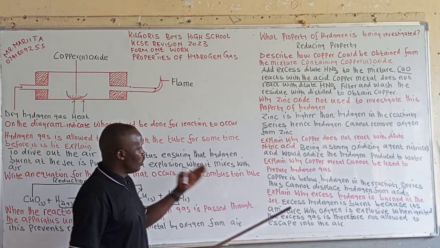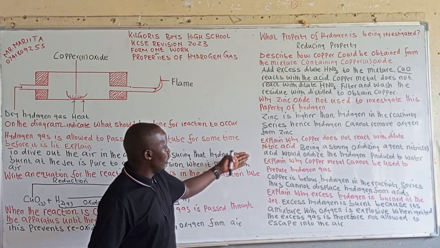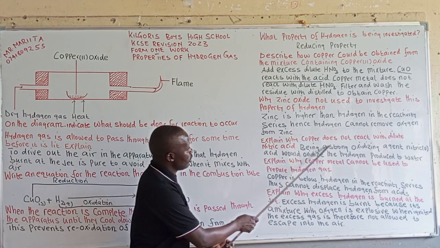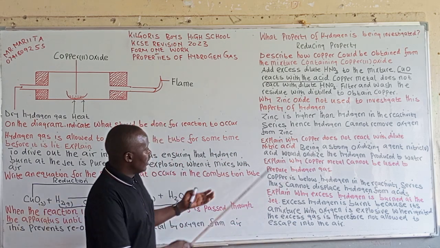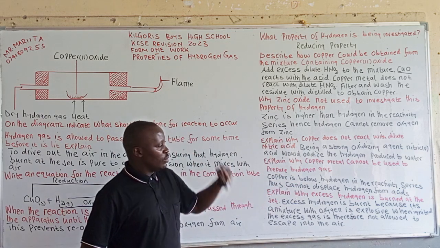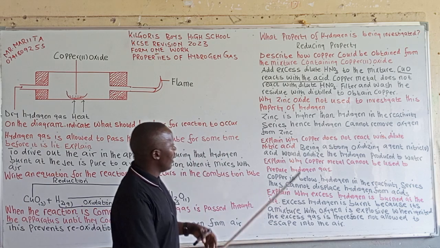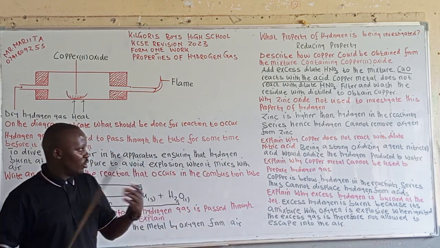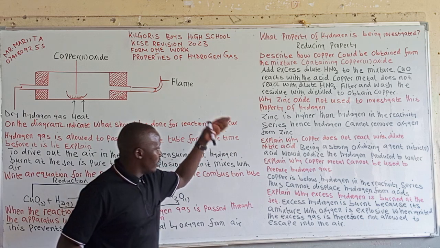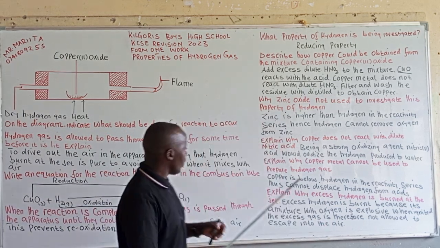Explain why copper does not react with dilute nitric acid, or just the same with dilute acids. Being a strong oxidizing agent, nitric acid will oxidize the hydrogen produced to water. That is why copper does not react with nitric acid to give hydrogen.